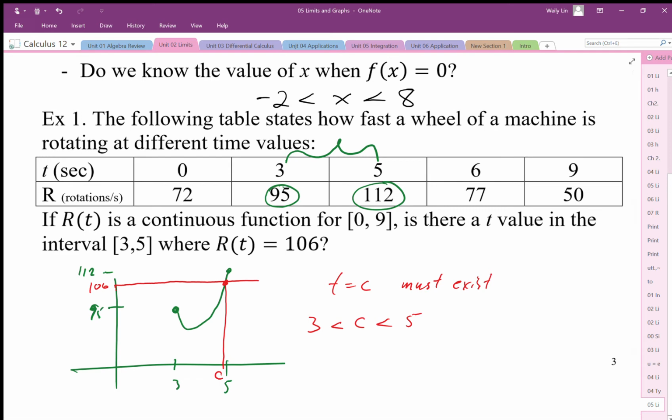We've never said that it can't happen twice, but we say that it happens at least once because it could look like this. And it could happen multiple times. We don't know, but we know it happens at least once. That's all the theorem can state, that it must exist at least once in that interval.